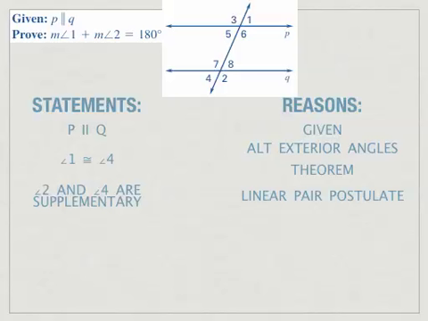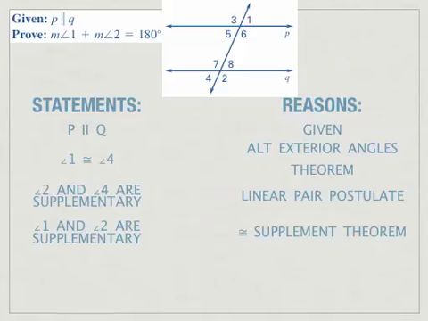Now if I have angle 2 supplementary to angle 4, and I know that angle 4 is congruent to angle 1, I can say that angle 1 and angle 2 are supplementary because of the congruent supplements theorem.